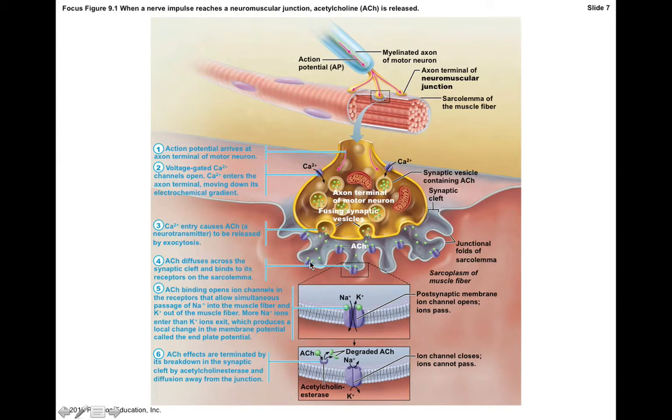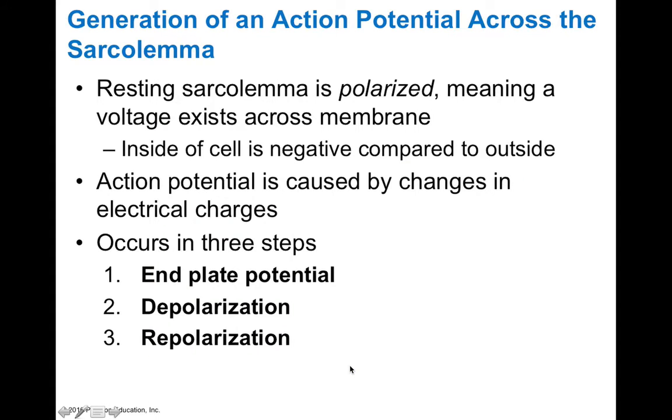Step 5 is when acetylcholine now causes these ligand-gated ion channels to open up, allowing sodium to rush into the cell, causing the end plate potential. And then step 6 is basically where acetylcholinesterase can break down the signal, or acetylcholine, into the degraded components like acetic acid and choline. And that way you can't open up these channels, and so the current stops.